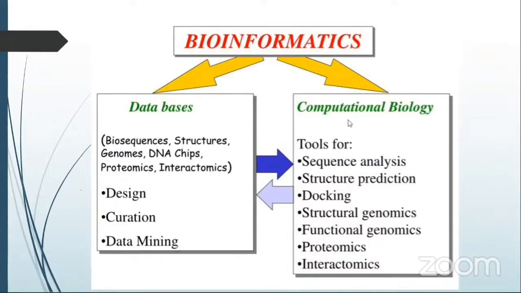The flow of the work should be in this manner. Start from the target disease and move towards sequence analysis and structural predictions. You can also move for the docking study, and then for the interactomics based study.